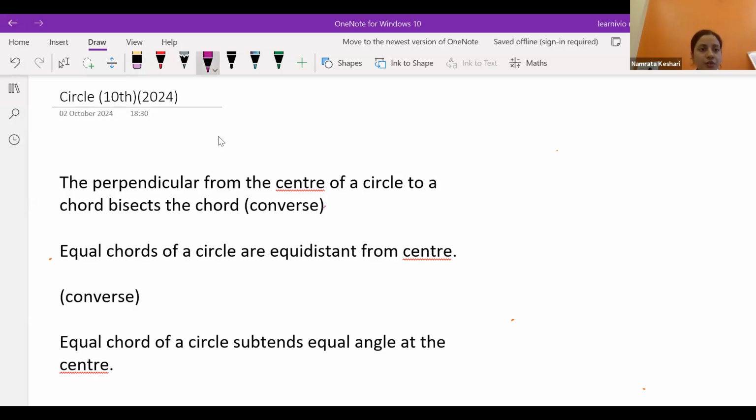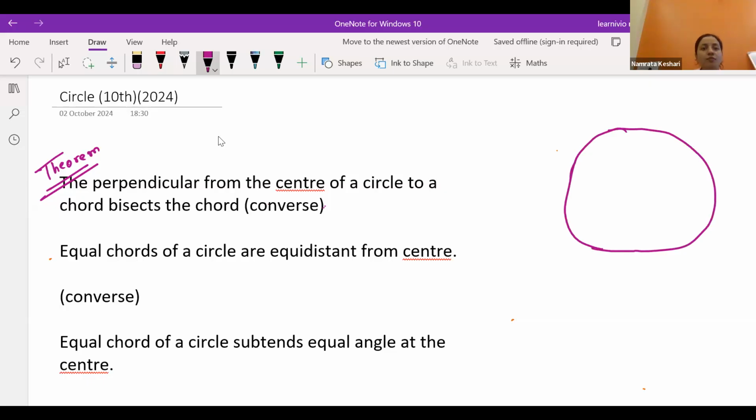The first theorem: the perpendicular from the center of a circle to a chord bisects the chord. I'm just trying to remind you of those theorems which you have already done.